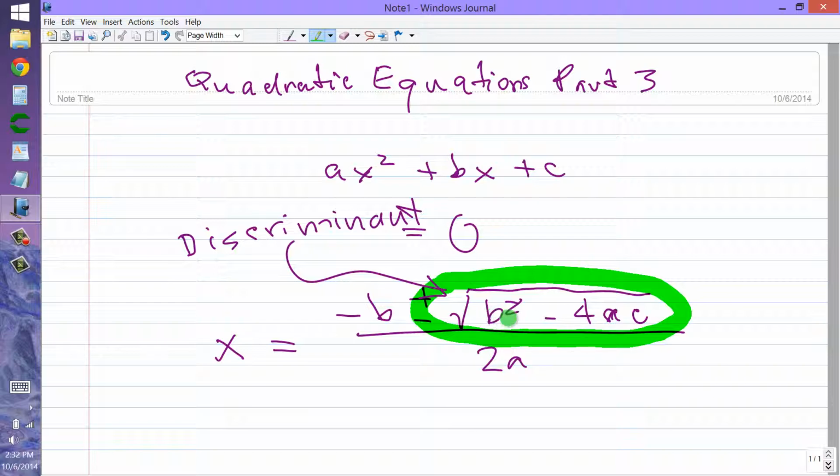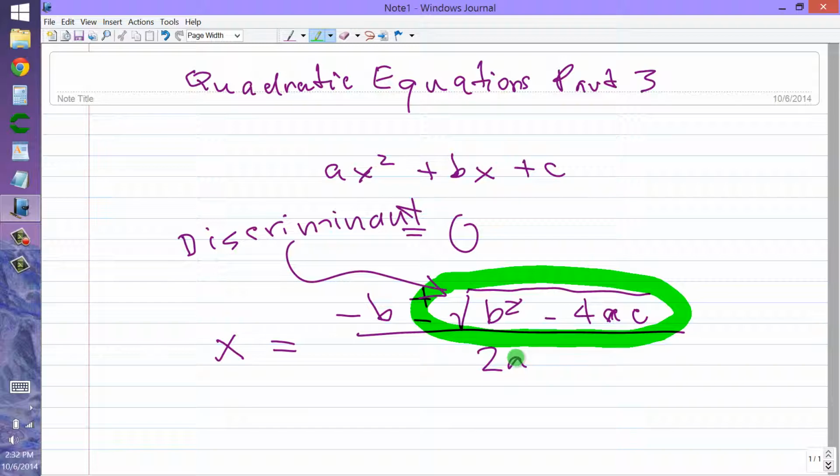But if this quantity right here, the discriminant, is negative, we're going to get two solutions all right, but they're going to be complex numbers. The real number part will be minus b, and the imaginary number part will be the square root of some negative number under here.